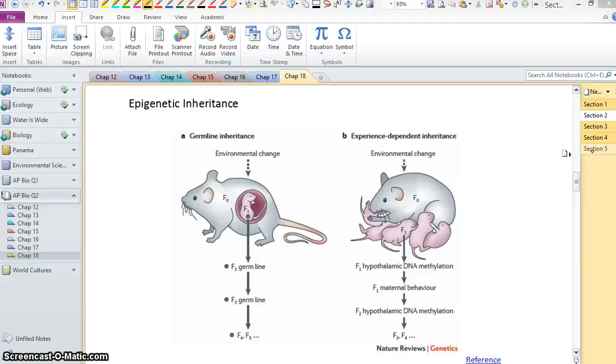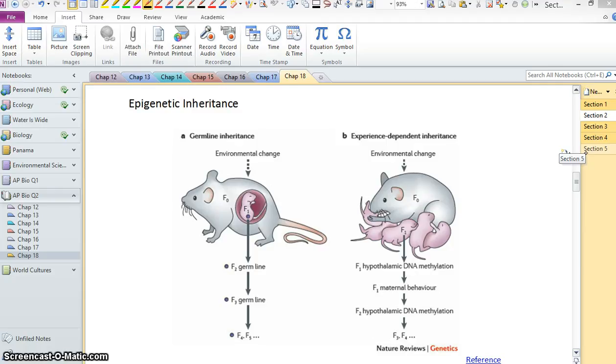With epigenetic inheritance, the DNA can be bound up, say with DNA methylation, so that a particular one of your alleles is not used or not expressed. And normally we would think of those as being opened up again from one generation to the next.